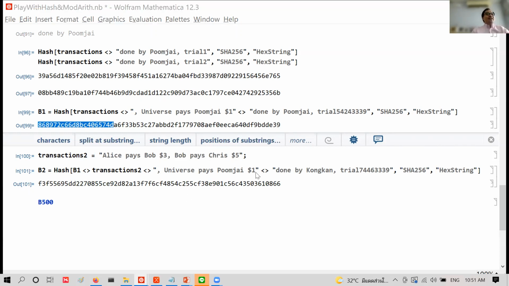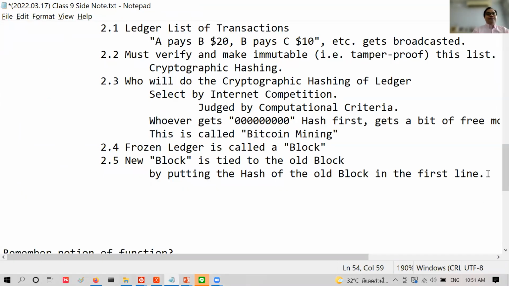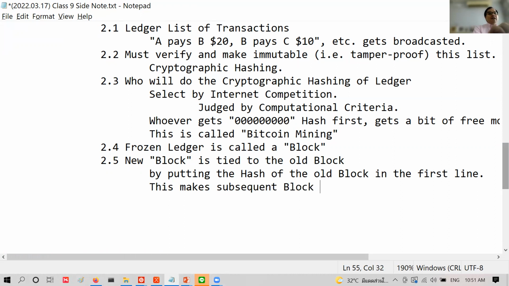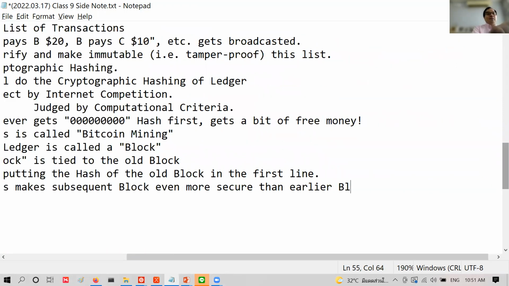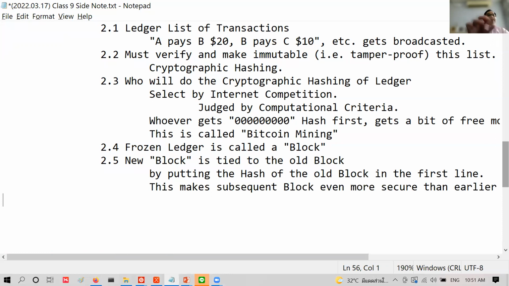So in other words, more blocks make subsequent blocks even more secure than the earlier blocks. Okay, so doing this, when you tie them together, hence blockchain.